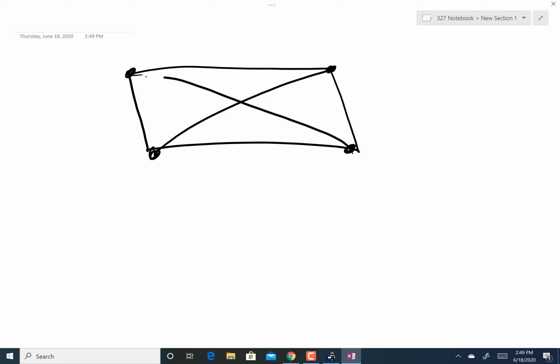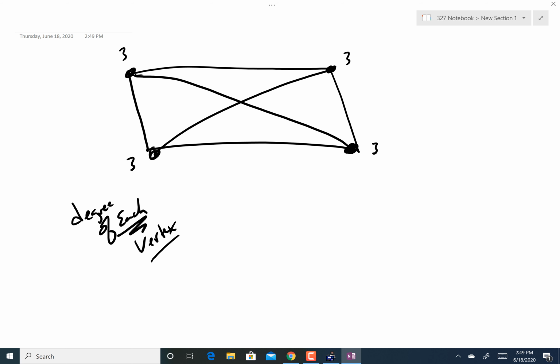Something that also is interesting to talk about is, I'm going to start with this nice little complete graph here. So the question might become, what is the degree of each vertex? The question is, how many edges come into it? 3, 3, 3, 3.